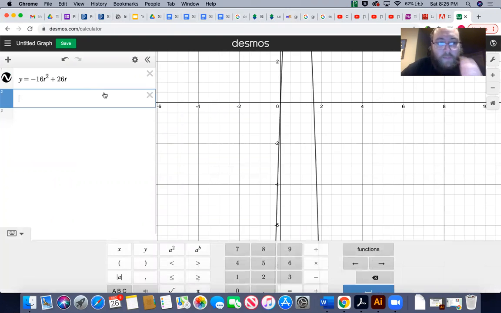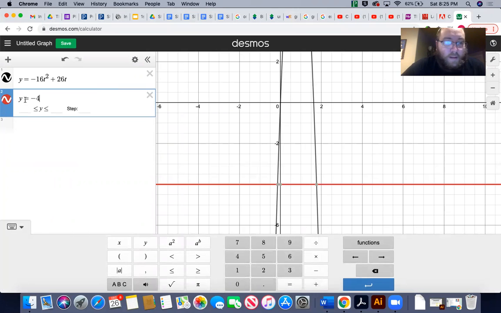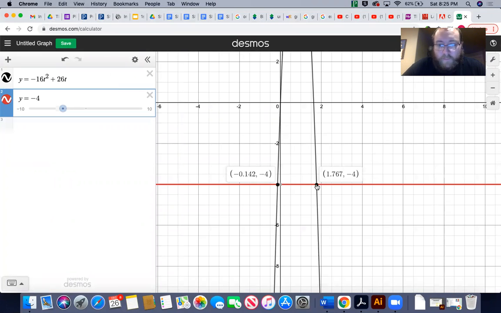So actually, I'm going to type in y equals negative 4, because that's where I want to know when the y value, or the height of the dolphin, is 4 feet below the water, which is right there and right there. So it's at 1.767 seconds and negative 0.142 seconds.